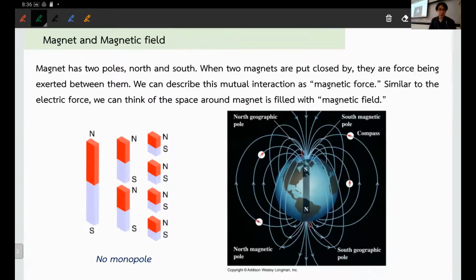The source of the magnetic field that you can find in nature is just magnets. Back in the day, people didn't know what a magnet was actually made of, but now we know because we know the atomic structure of materials.